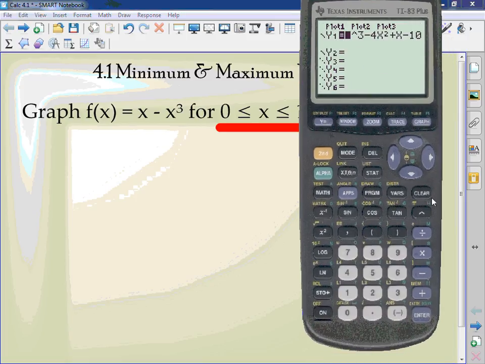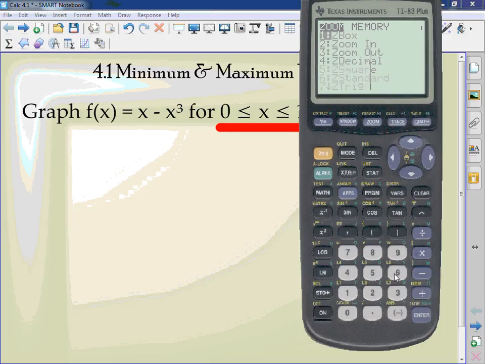So in your calculator, type in x minus x cubed. But I need to change my window. I'm going to change it back to normal. I need my x minimum to be 0.